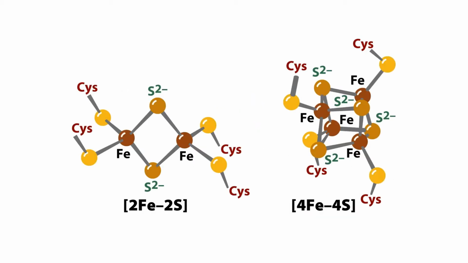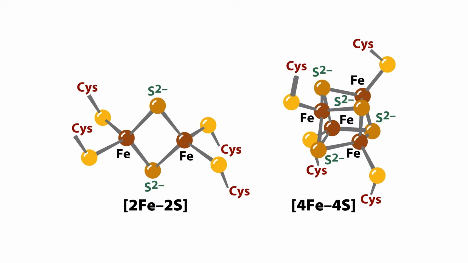And finally, there's 2 other types of, well, this is a type of redox center. These are non-heme proteins. We have 2 types, but each consist of the same number of iron to sulfur ions, and both are coordinated with sulfur ions.